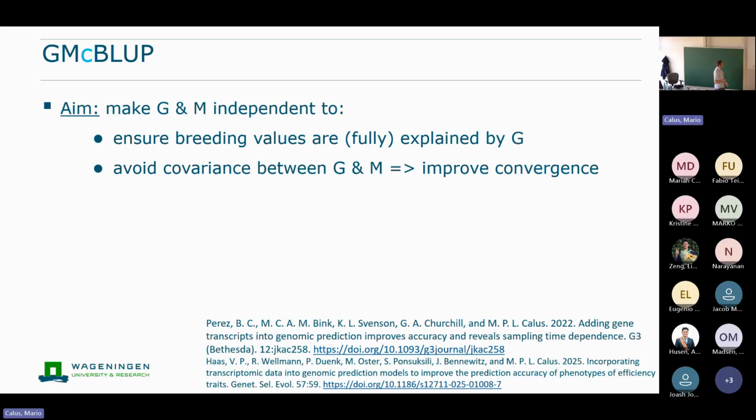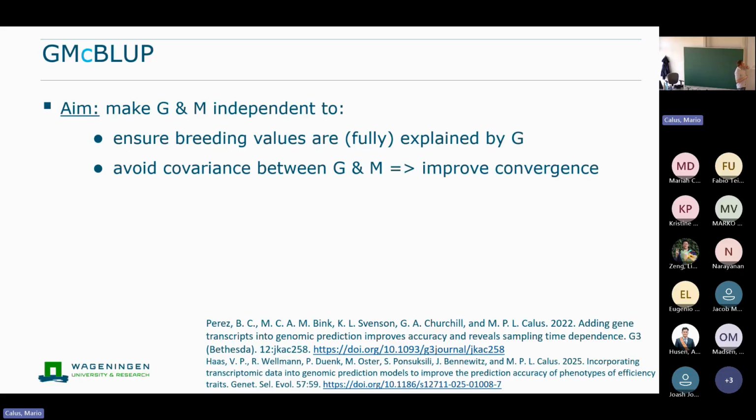Here what we want to do is make the two components due to SNPs and methylation independent, before running the model. That ensures that breeding values are fully explained by the SNPs, which in principle the GoBlob also does in the end, because it looks at what is explained by the methylation, and what of that part is heritable, takes it out and puts it in the breeding values.